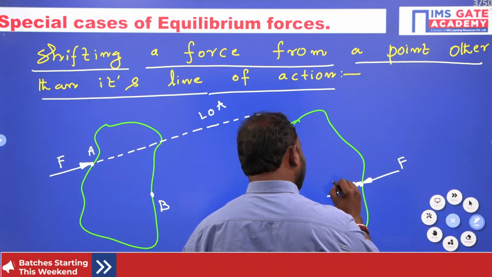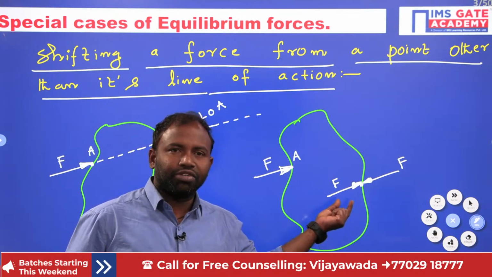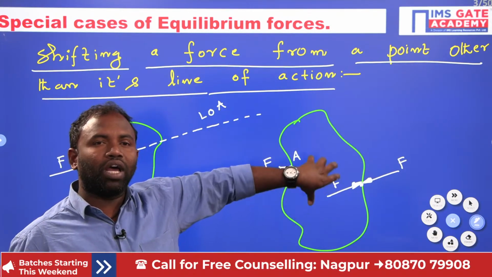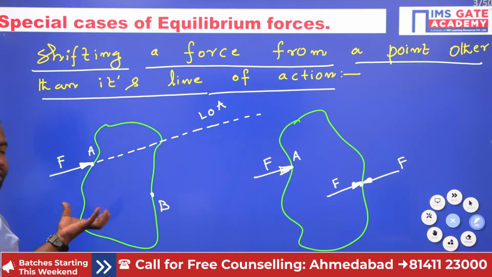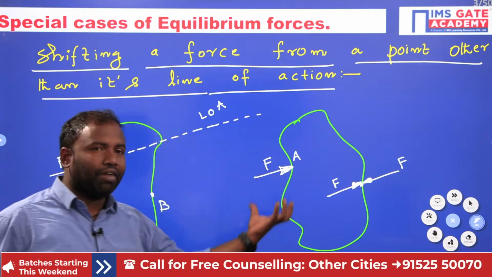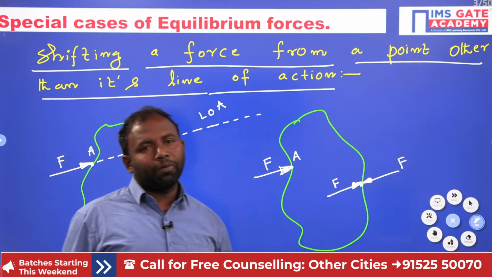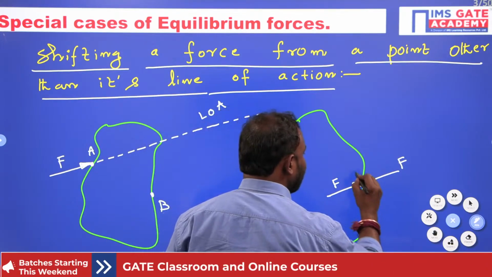Why? Because two forces of equal magnitude and opposite direction are used, there will be no effect created on this body. Whichever effect the body has, without changing it, if I use any two forces equal in magnitude and opposite in direction, we can take them anywhere.